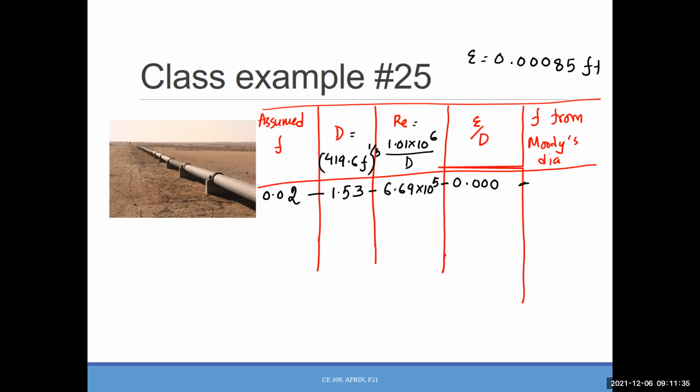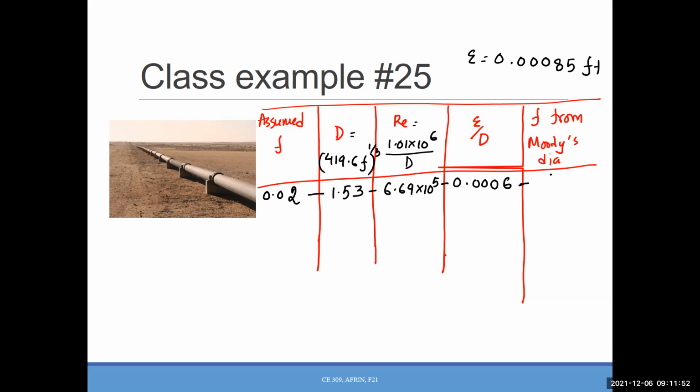What is epsilon over D? Okay, 0.00056. Why don't we just round it to 0.0006, because that will help us find the line in the Moody diagram.